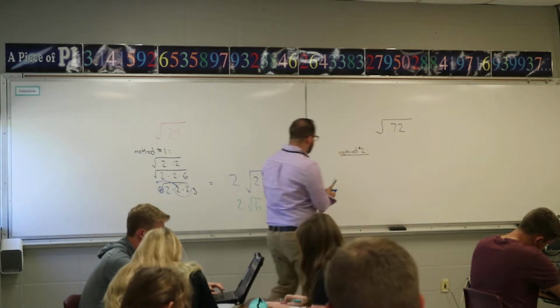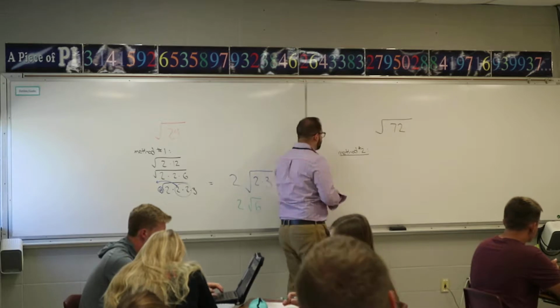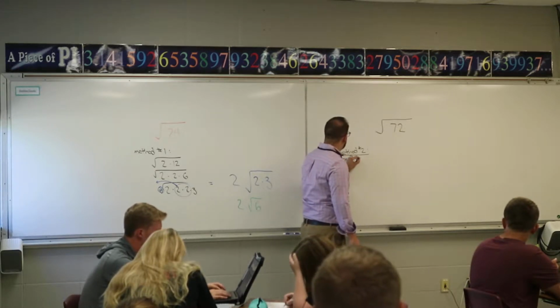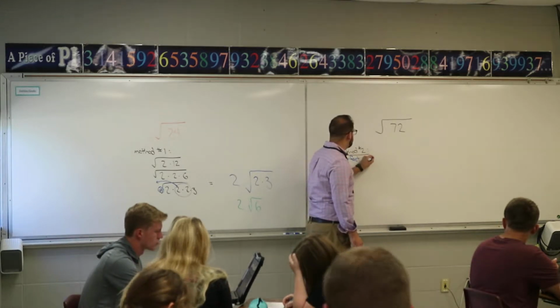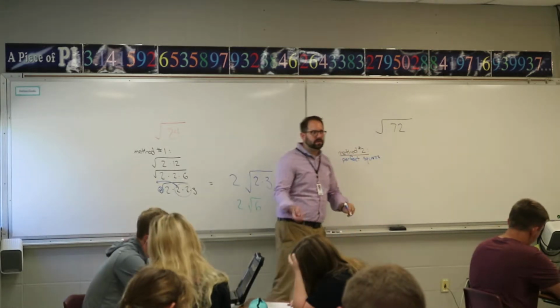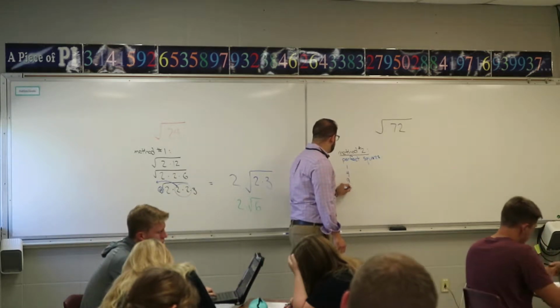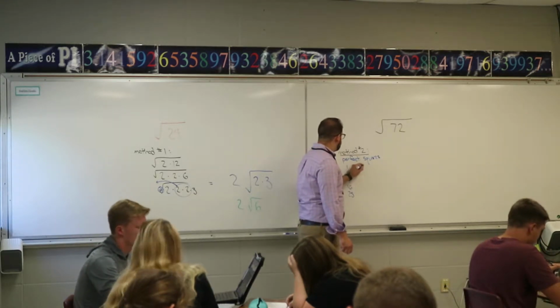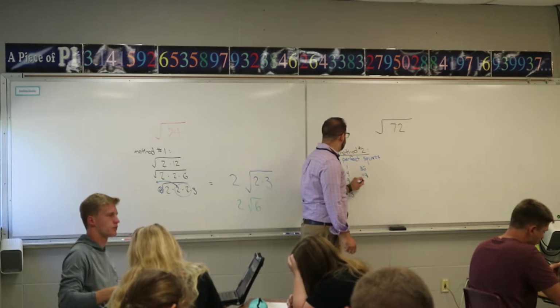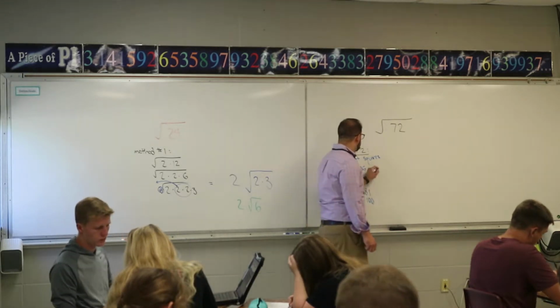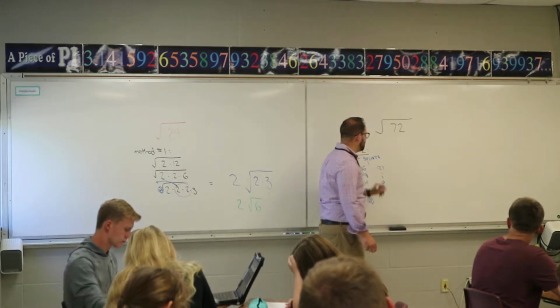If you look at the perfect square list that I gave you yesterday, let me put these down real quick. I think I have them listed on the website in case you want them from yesterday's notes. The perfect squares were 1, 4, 9, 16, 25, 36, 49, 64, 81, 100, 121, you get the idea.